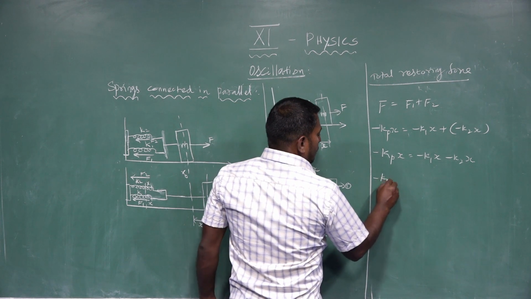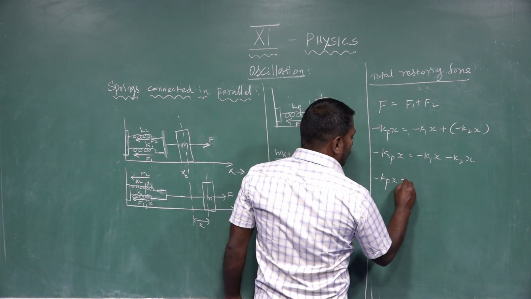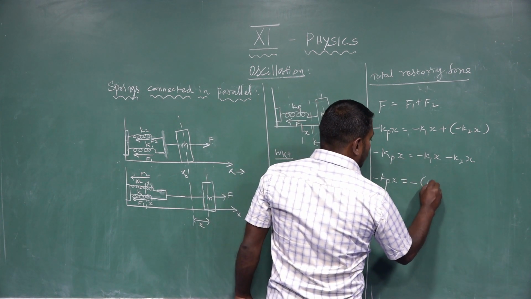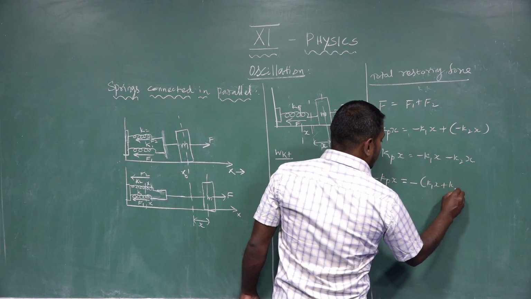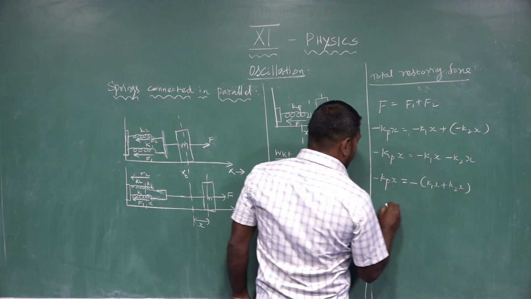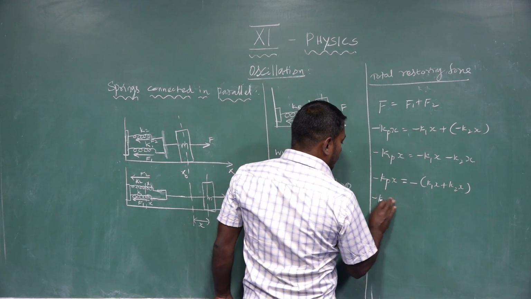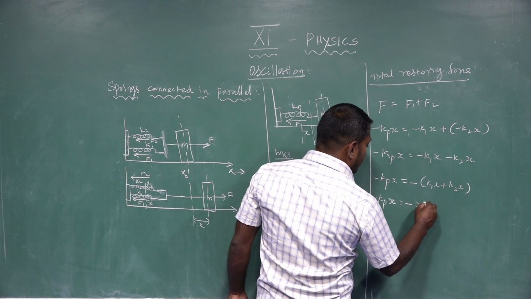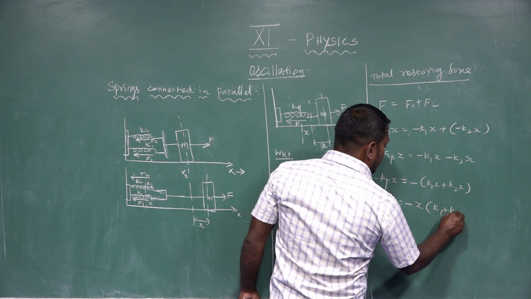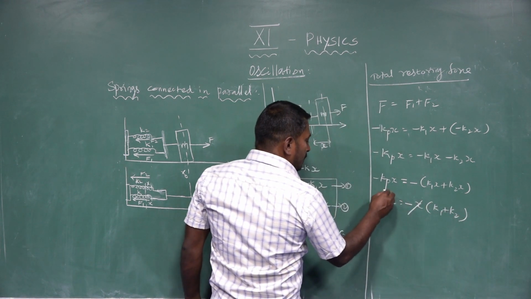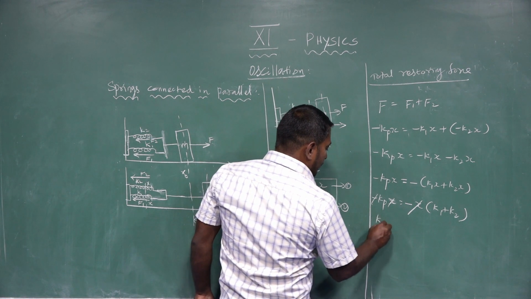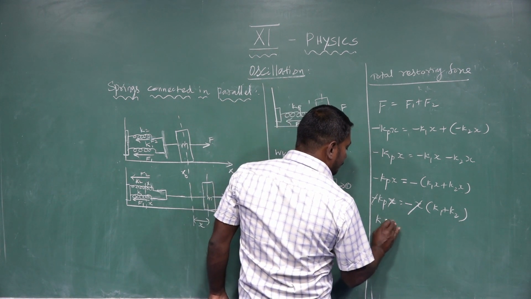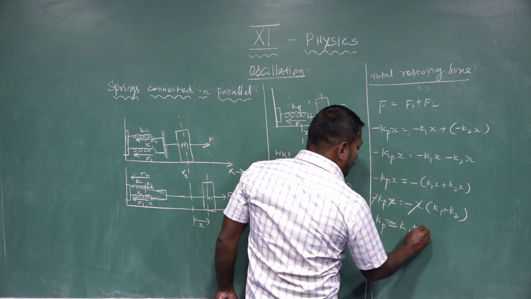So minus Kpx is equal to minus x, taking common, K1 plus K2. Minus x and minus x get cancelled. Kp is equal to K1 plus K2.